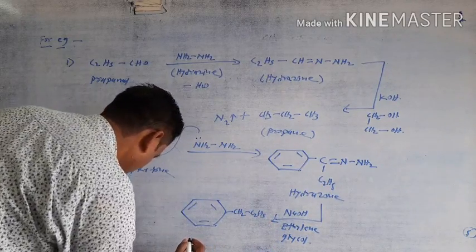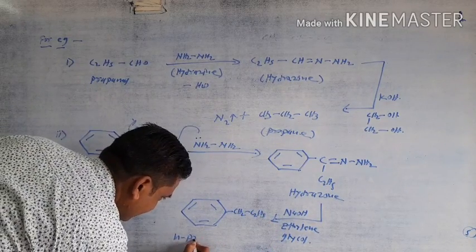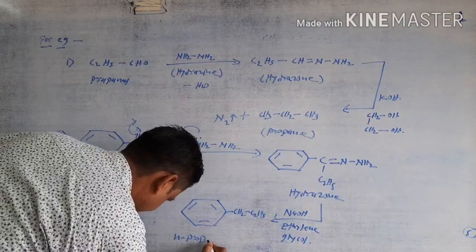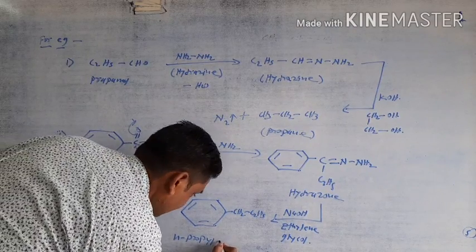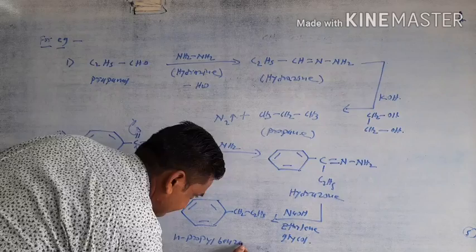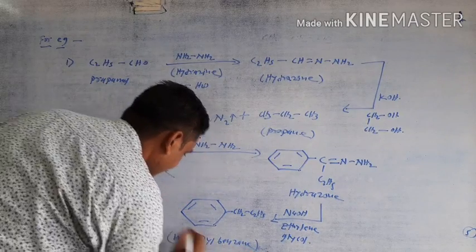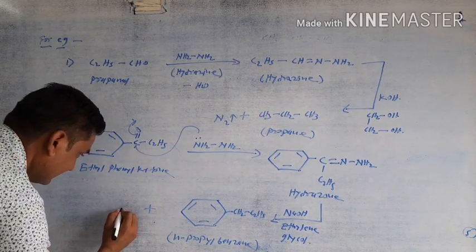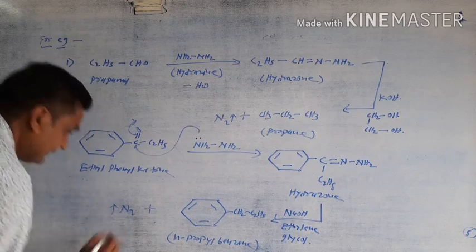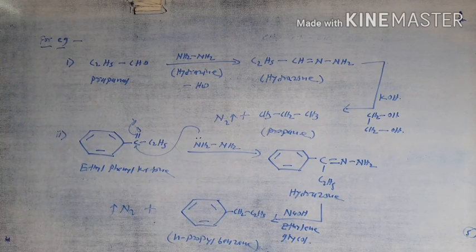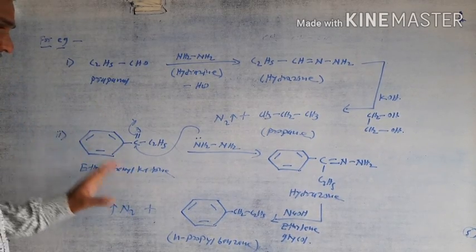This molecule is called as N-propyl benzene, and the byproduct is nitrogen gas liberated here. This overall reaction is the Wolff-Kishner reduction reaction.